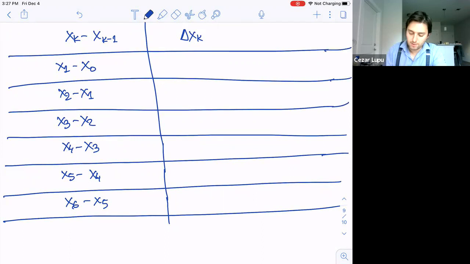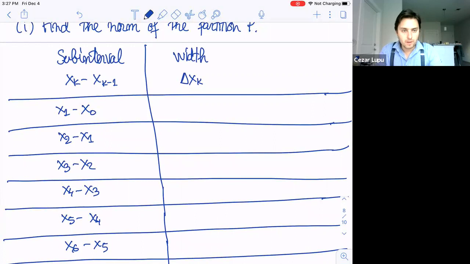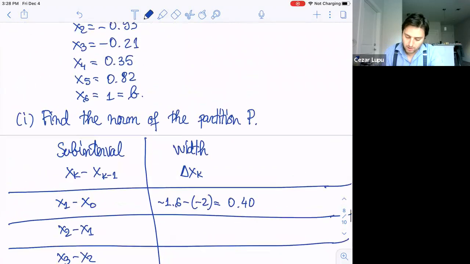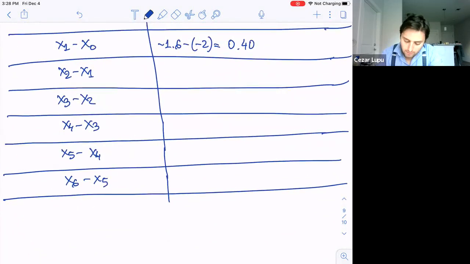And now let's compute this. All right, x1 minus x naught. So x1 is -1.6 minus -2, and this would give us 0.40. Okay, let's keep this in mind. x2 minus x1, so this would be -0.93 minus negative 1.6, right? So this would be 0.67.